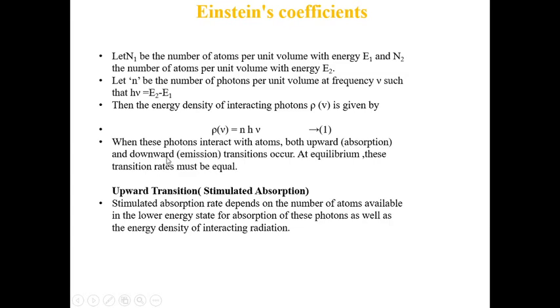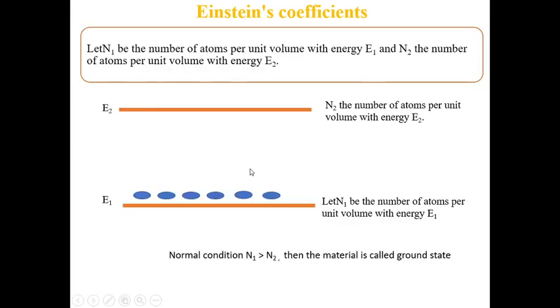Later it transitions from the excited state to the ground state, that is, downward. Then emission occurs. These transitions occur at equilibrium condition, so the transition rates must be equal, meaning the upward transition must equal the downward transition.